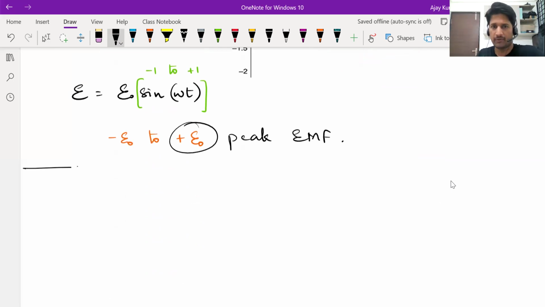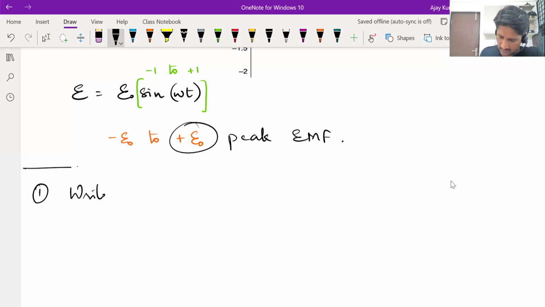So tell me the formula for frequency of this function. The frequency is omega by 2 pi. Correct. That is what I asked. Formula for frequency of the function is omega by 2 pi. Fine. So try to answer this question.